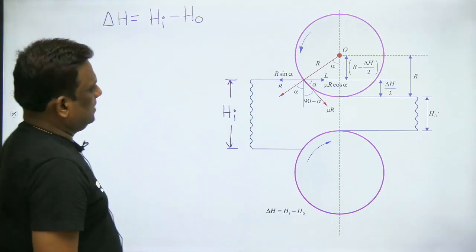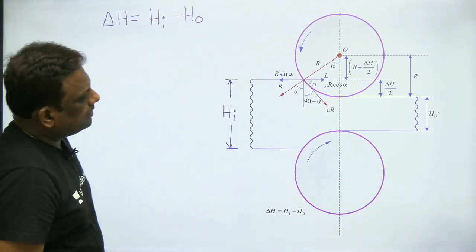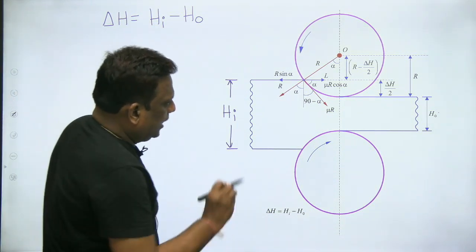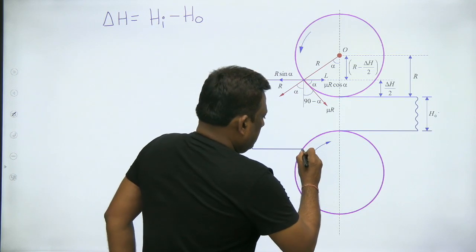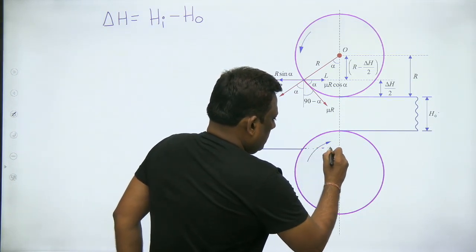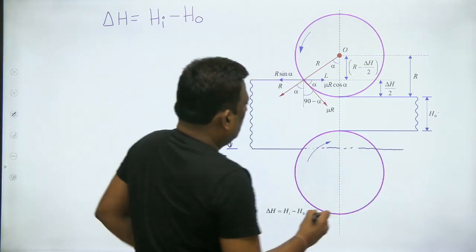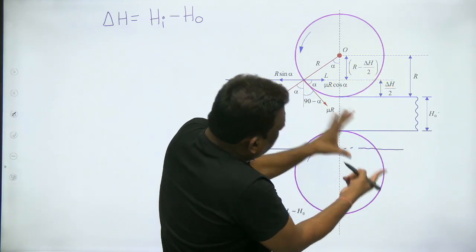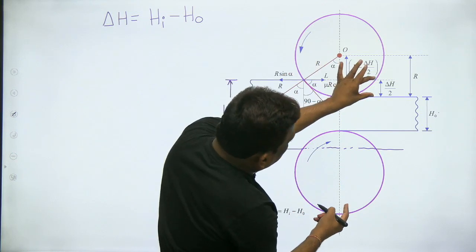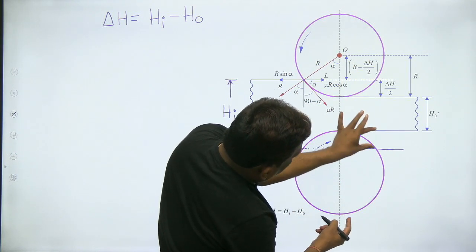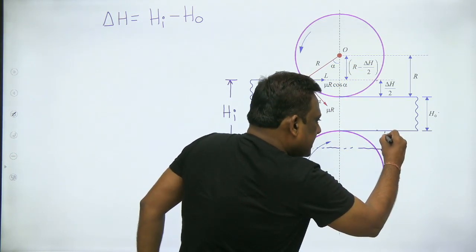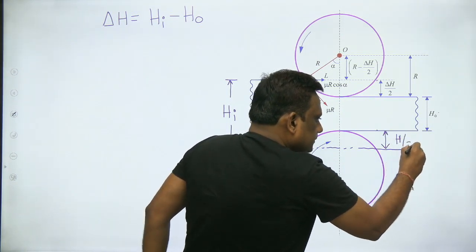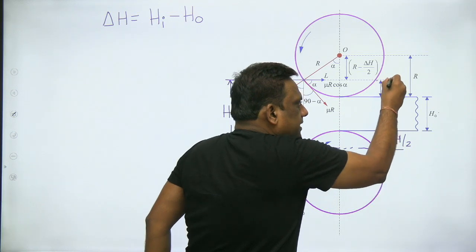Now observe here. This is Hi minus H0. The initial thickness is Hi, the final is H0, so the total reduction is delta H. Delta H means half on this side and half on this side. So this is delta H by 2, and this is also delta H by 2.